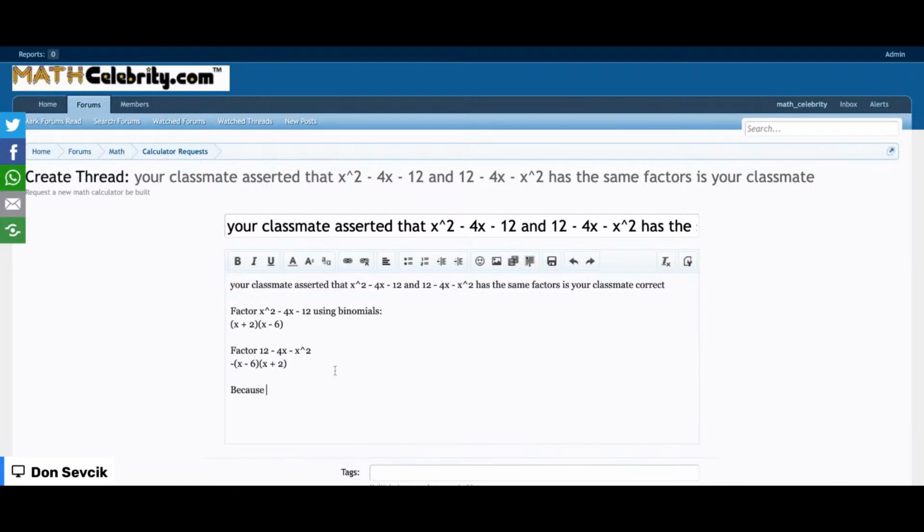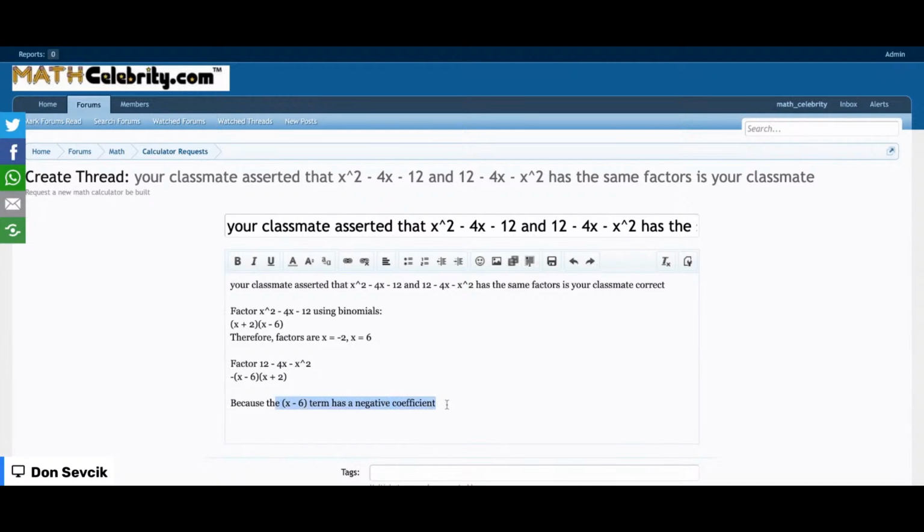And because the x minus 6 term has a negative coefficient, x equals negative 6, x equals 2. Therefore, factors are x equal to negative 2, x equal to 6.